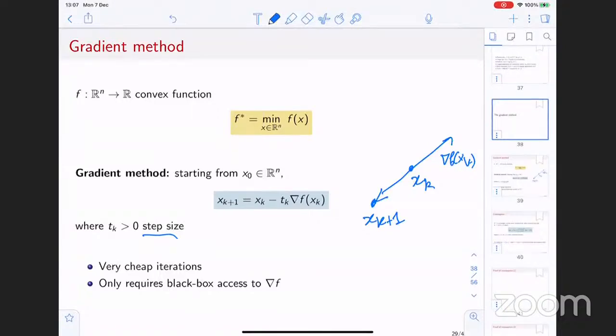So why the gradient method? Why do we choose the gradient as the direction? This is just based on the first order Taylor expansion. If you remember, f of x plus h is approximately equal to f of x plus gradient of f of x transpose h.